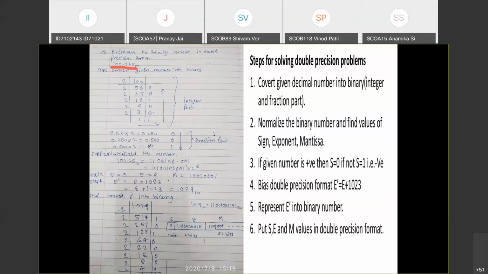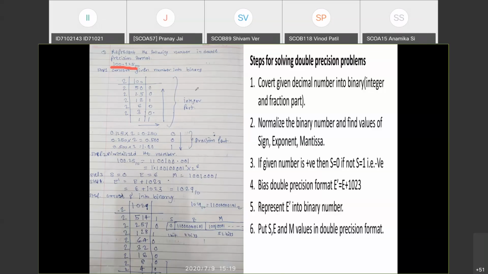In the fraction part, whatever integer value comes after multiplication, we take it: 0, 0, and 1. So the binary representation of 0.125 is 001.